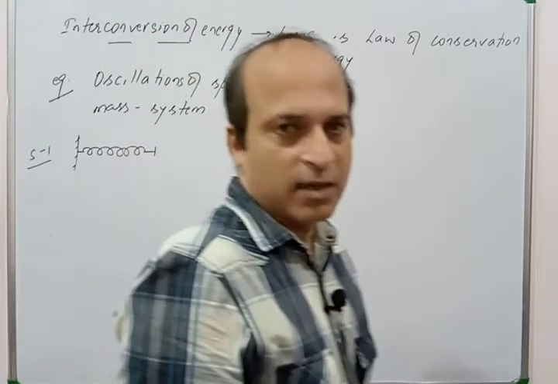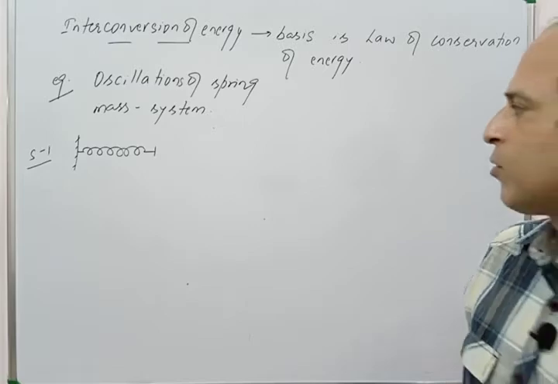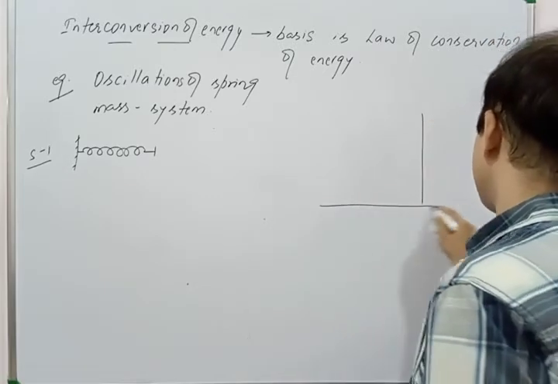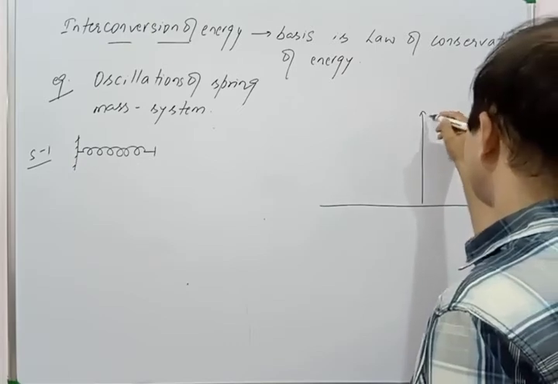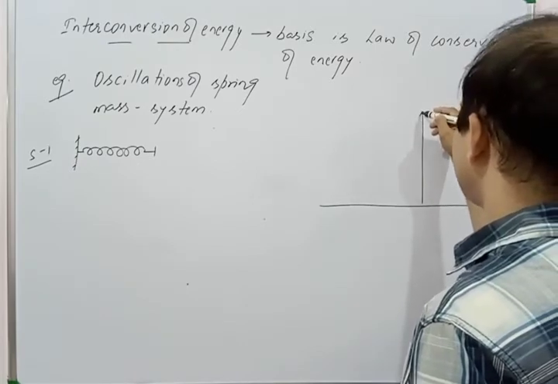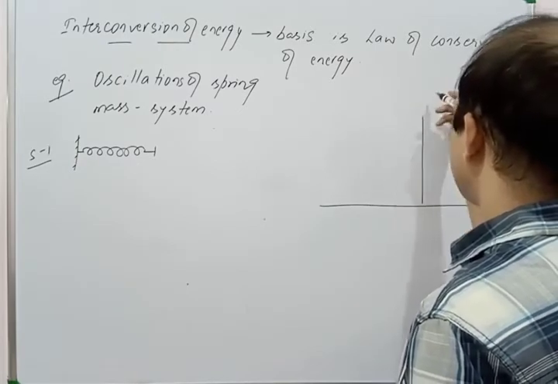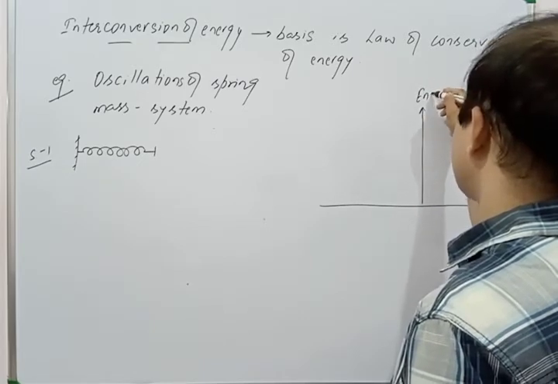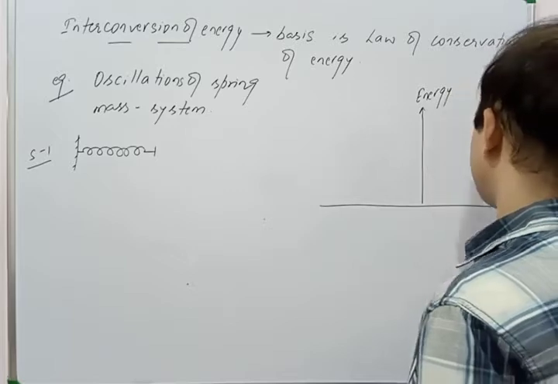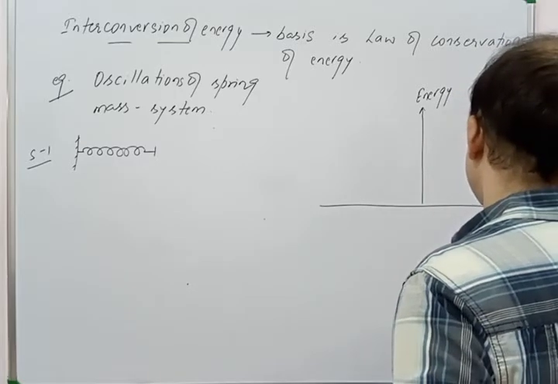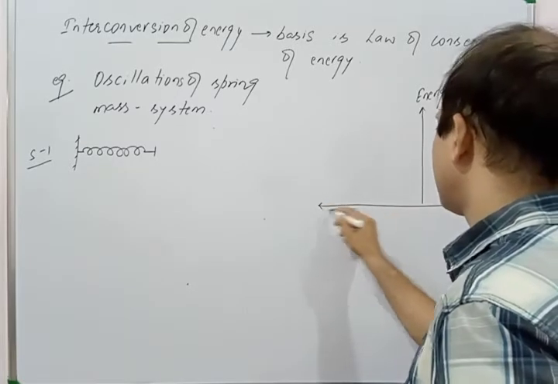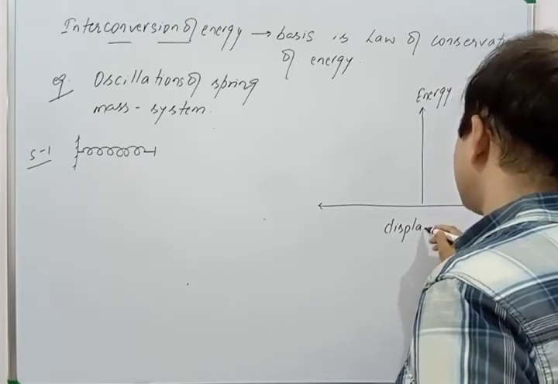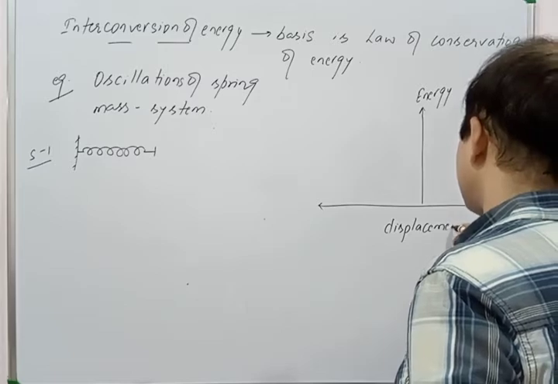Whatever the stages of the spring, we are going to plot its energy with respect to the displacement. This is a graph of the total energy of the spring versus x, the displacement, or elongation or compression of the spring.